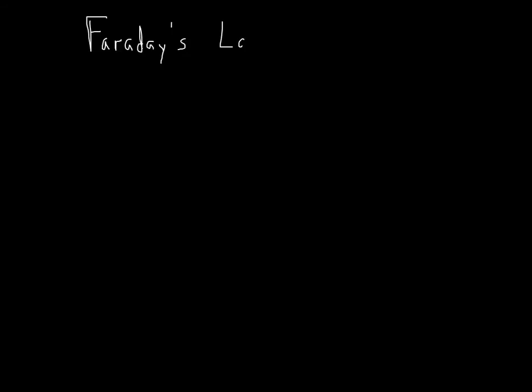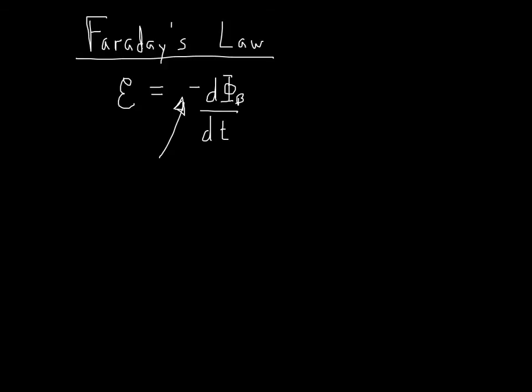Faraday's law tells us that an induced EMF, the induced voltage in a circuit, is equal to the negative change in the magnetic flux, because that's all the derivative really is. It's just a change in a quantity. And this negative is quite perplexing sometimes. That negative comes from the physical direction of the induction process, and as I just mentioned, this comes from something known as Lenz's law.